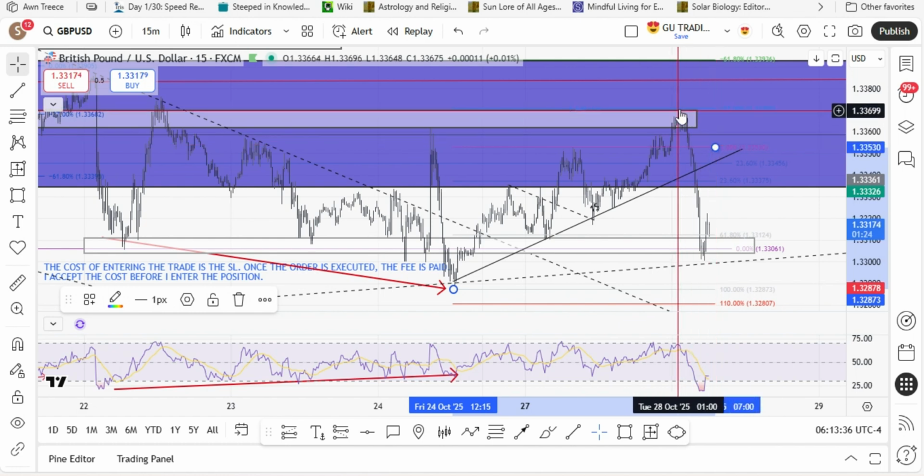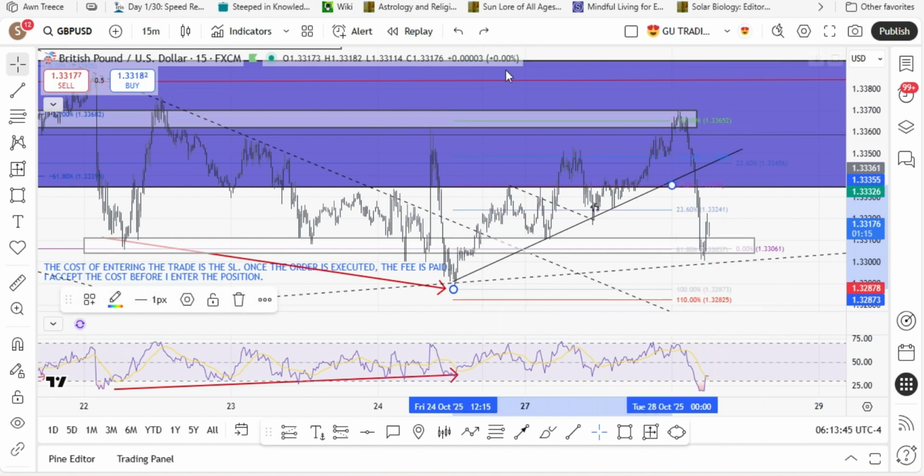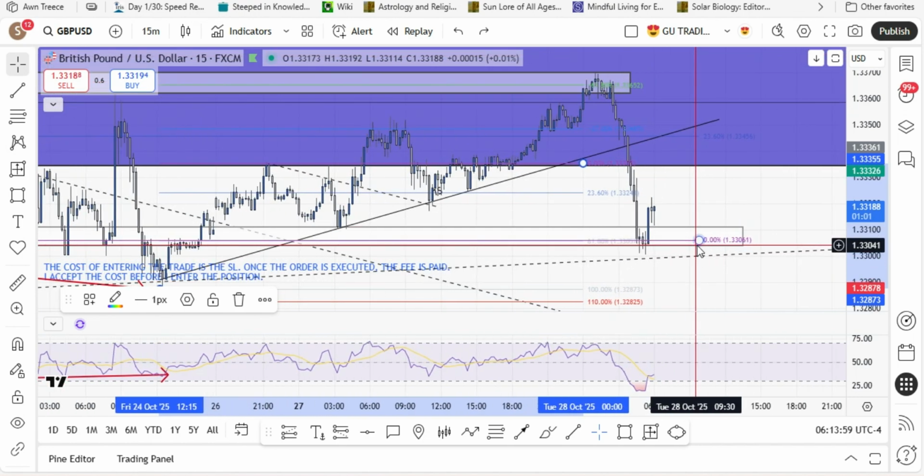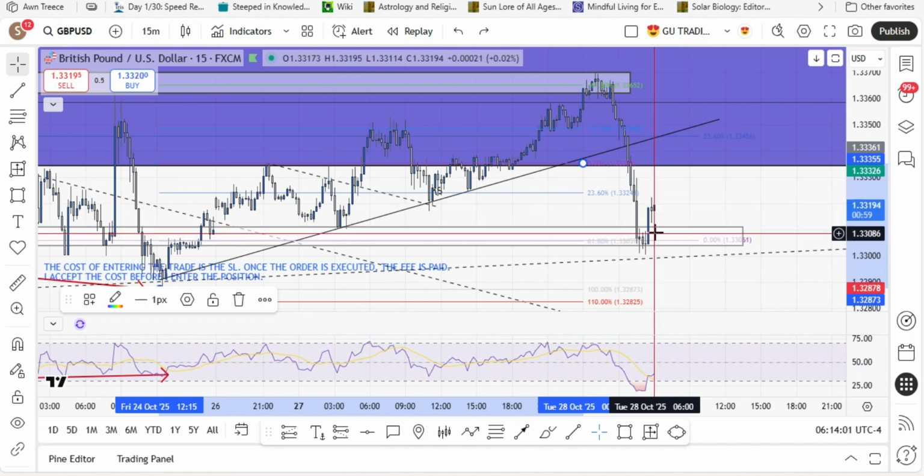But it would have barely missed the negative 27. So here it went up to negative 61. There was divergence here and it failed. All this happened overnight.